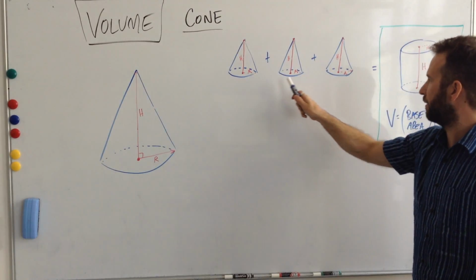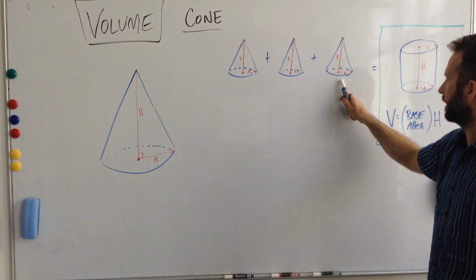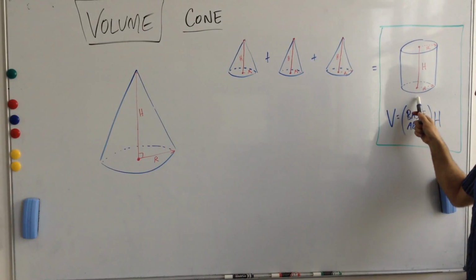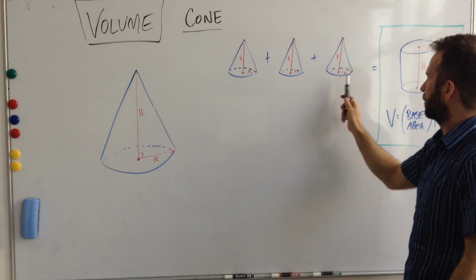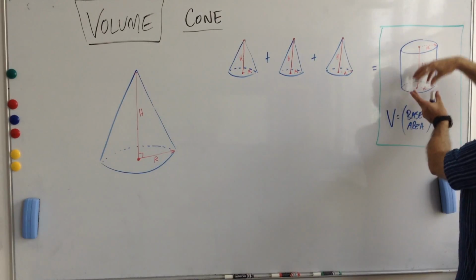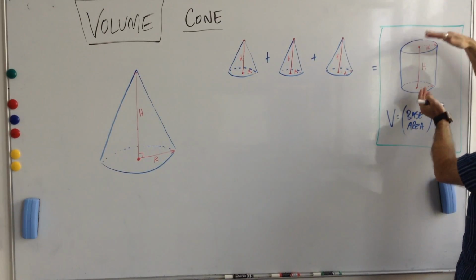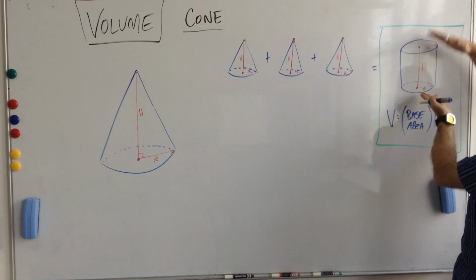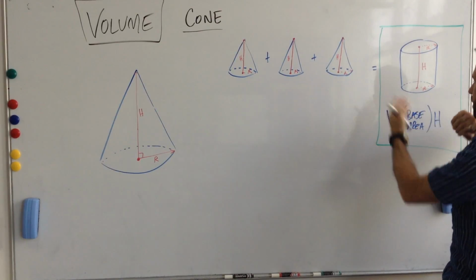So this circle, this circle, this circle, and this circle are all the same area. It's just that this one is a cylinder, so it has the two bases and the space in between. This just has the one.